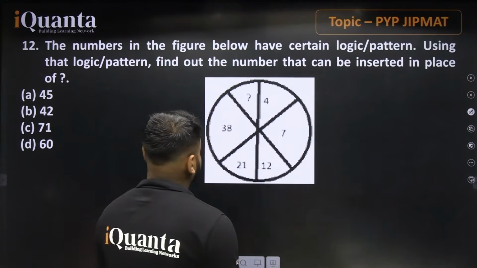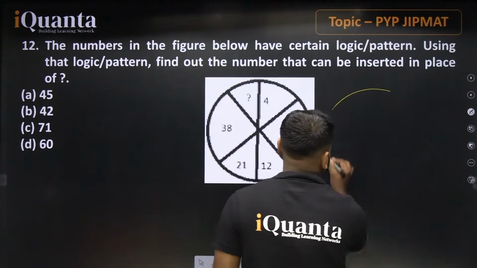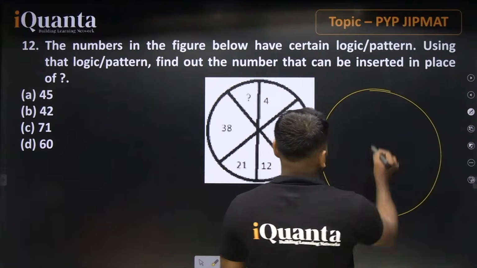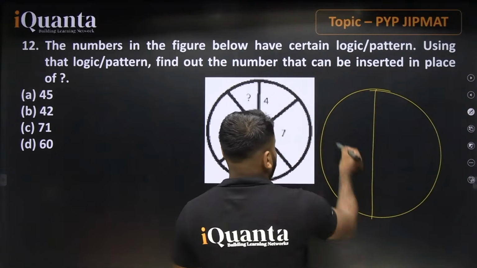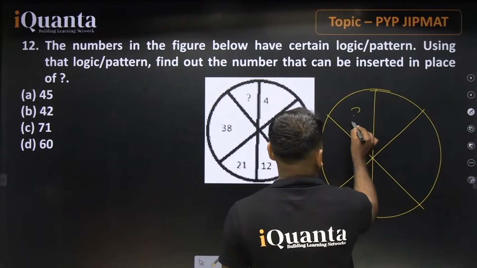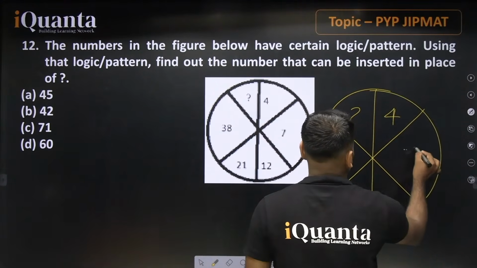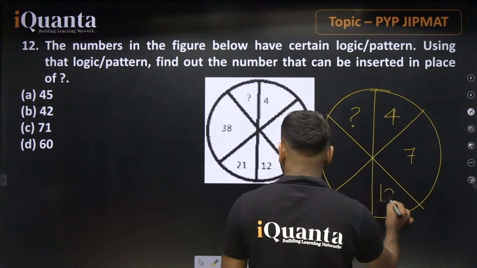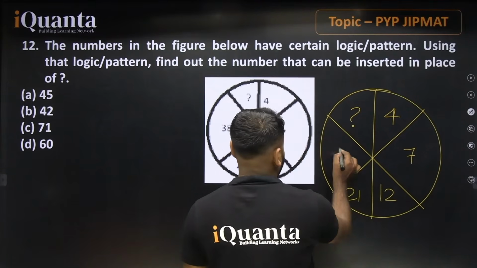I'm just making it again. Here the numbers are like this: this is a question mark, and we need to find it. Here we have 4, 7, 12, 21, and 38.